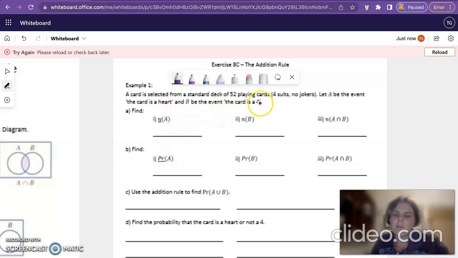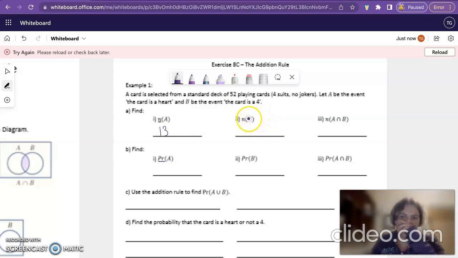So how many options are there in the sample space for A? So A is the card is a heart. So there are 13 hearts in a deck of cards. You got 1 to 10, and then Jack, Queen, King, 13.